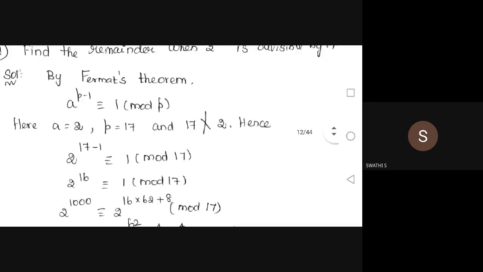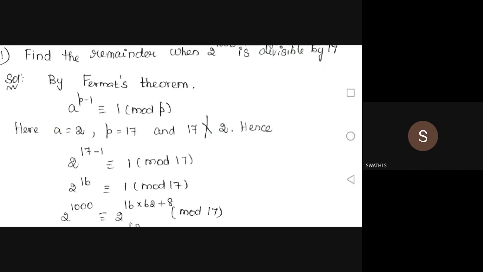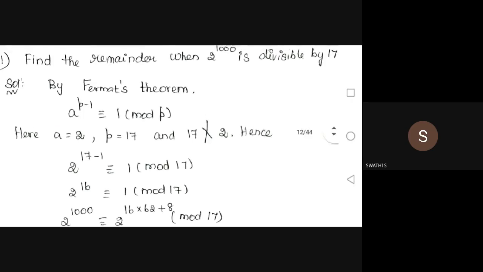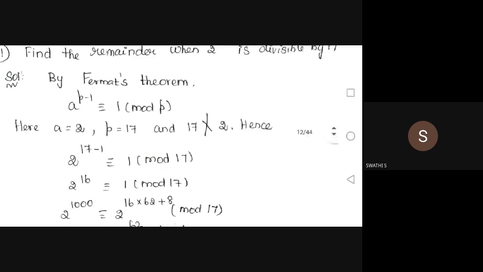So 2 power 1000. By using the division algorithm, when 1000 is divided by 16, we get the quotient as 62 and the remainder as 8. So 1000 can be written as 16 into 62 plus 8.